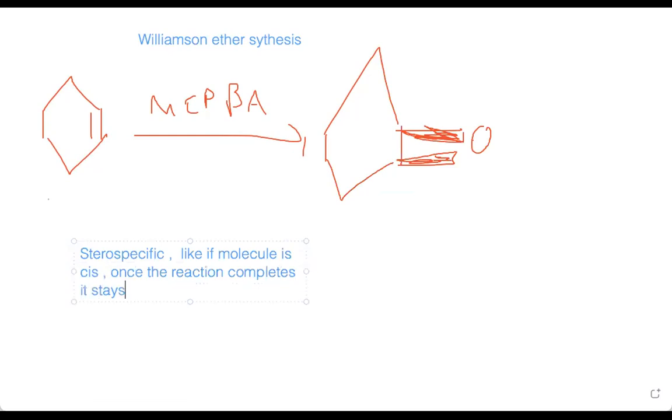That's all. What does that mean? I'll show you in a second. For example, we got this. We got an R right here. We got an R right here. I got a hydrogen right here. I got a hydrogen right here.